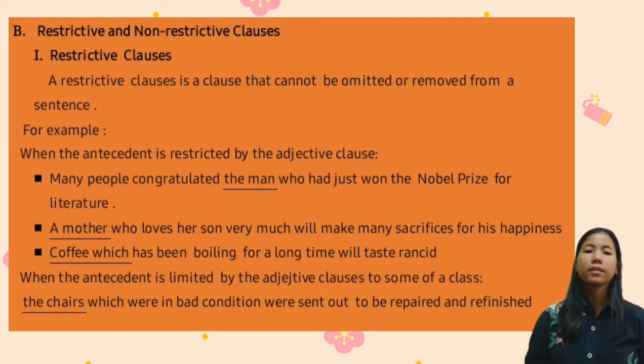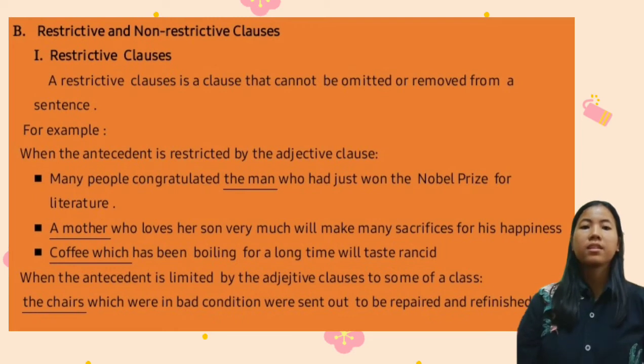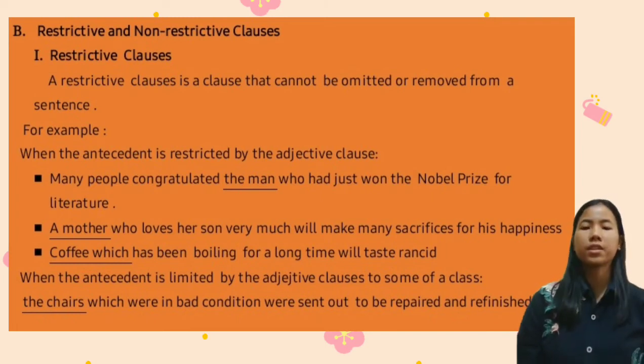Second, when the antecedent is limited by the adjective clause to some of the class. In the non-restrictive clause: the cars, which were in bad condition, were sent out to be repaired and finished. Restrictive clause: the cars which were in bad condition were sent out to be repaired and finished.